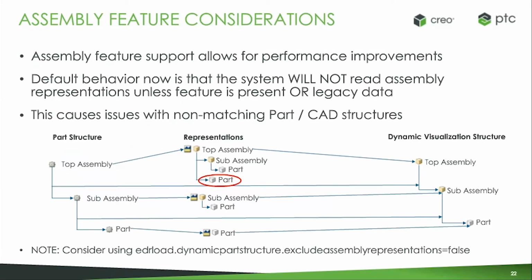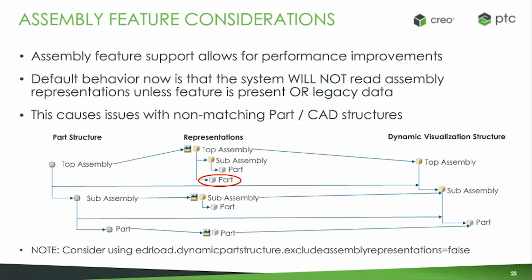So some things to consider here, though. Since we've added assembly features, which have been around since 10.2 M30, we no longer interrogate the assembly representations unless there is one of those flags present saying that there is something in here that needs it.